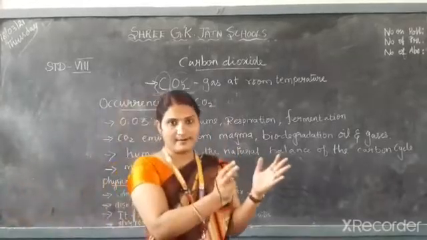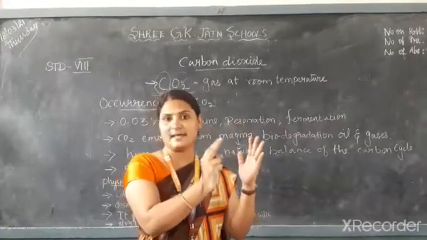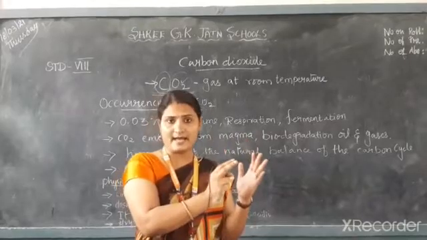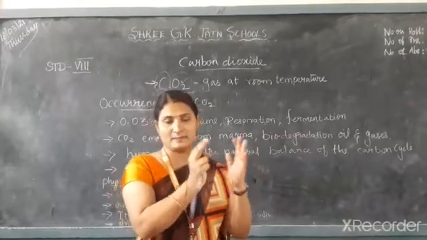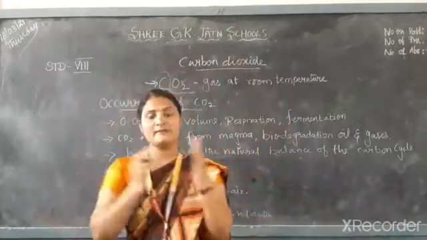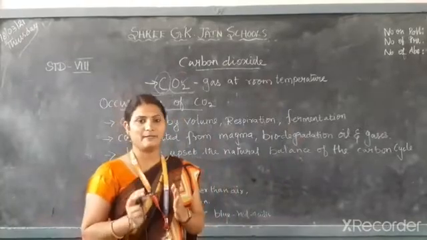But this carbon dioxide is present as dry ice in the solid state, and that dry ice will undergo sublimation. That means it goes directly to the gaseous state without reaching the liquid state. So that is what is called sublimation.